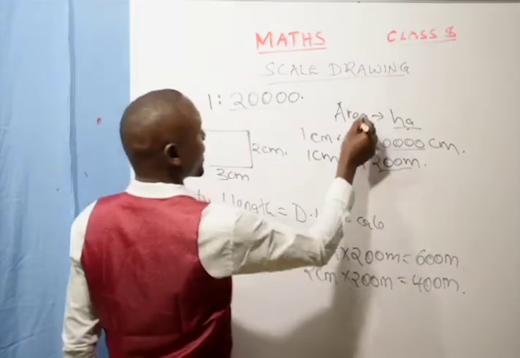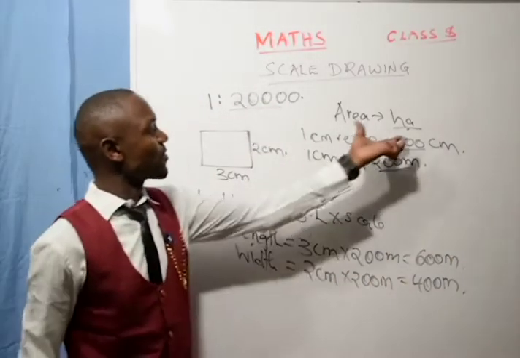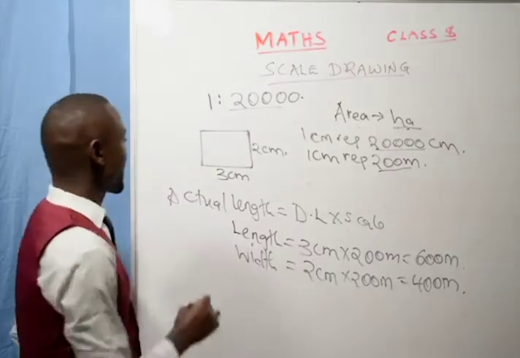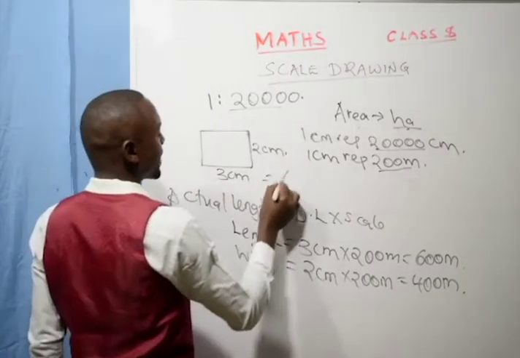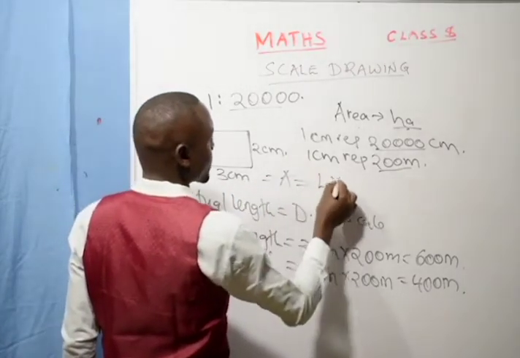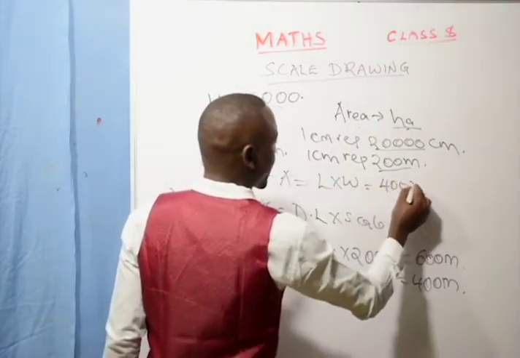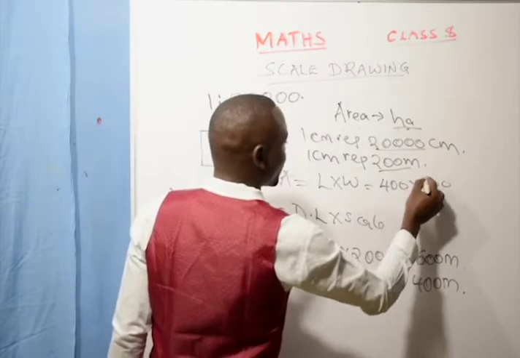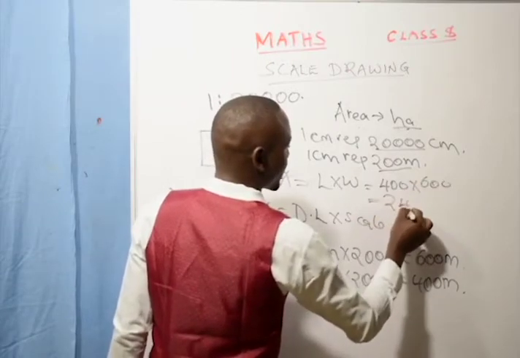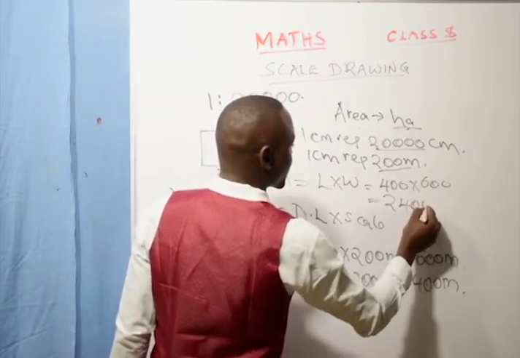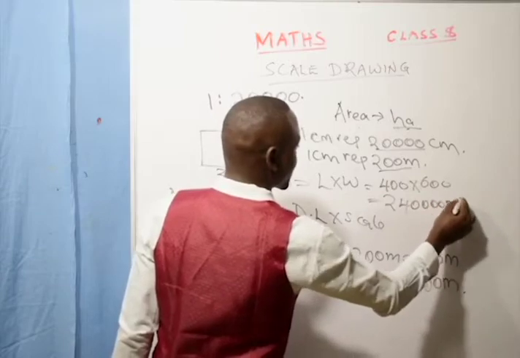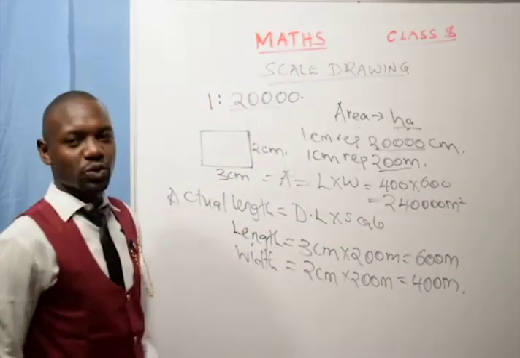We are told to give the area of that plot of land in hectares. The area of a rectangle is given by length times width. In this case, it is 400 times 600, which is 240,000 square meters.